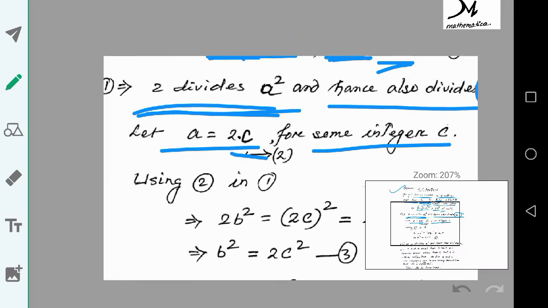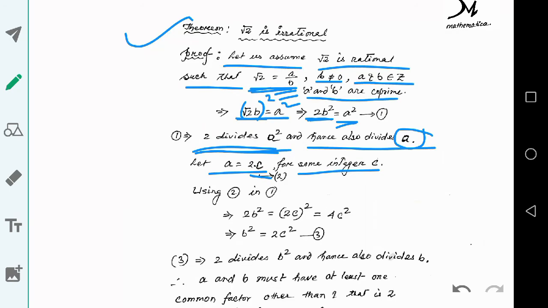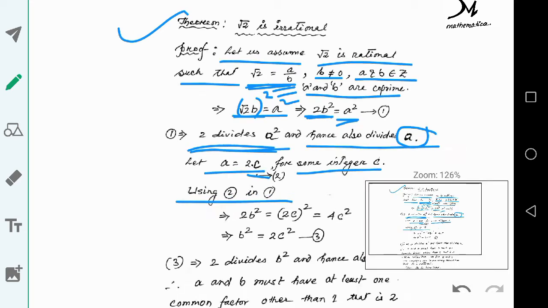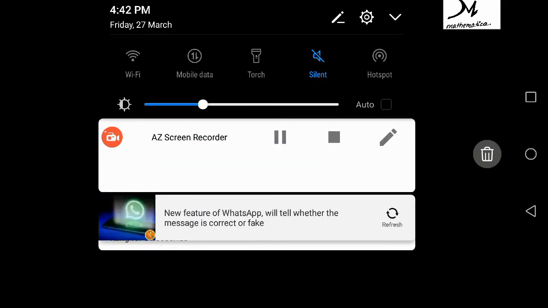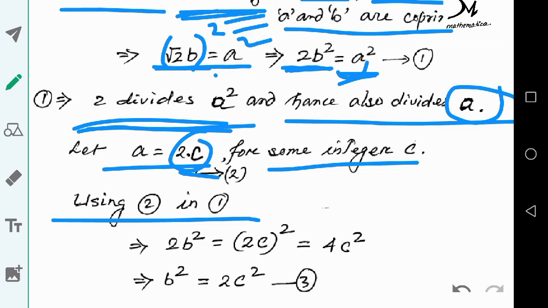Now let us use this equation in 1. If you use this value of a in 1, then what will you get? Replace this a square by 2c whole square. So what was equation number 1? Twice b square is equal to a square.